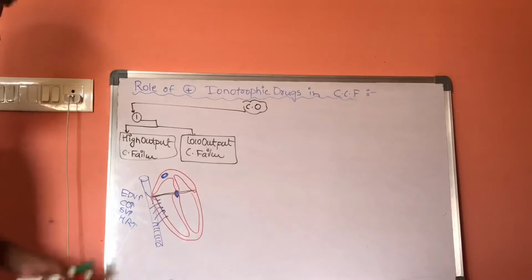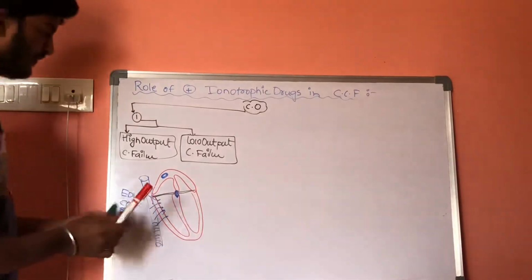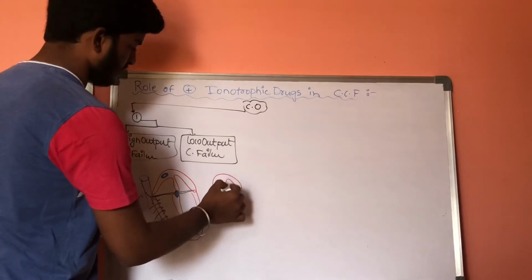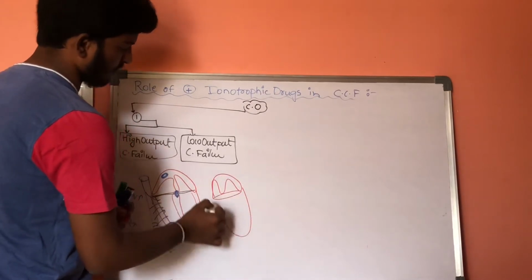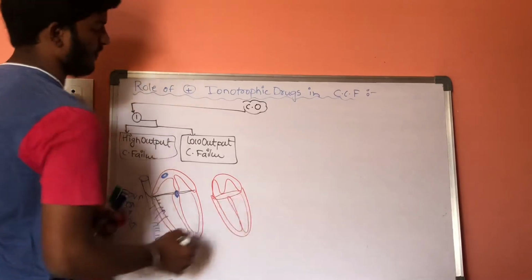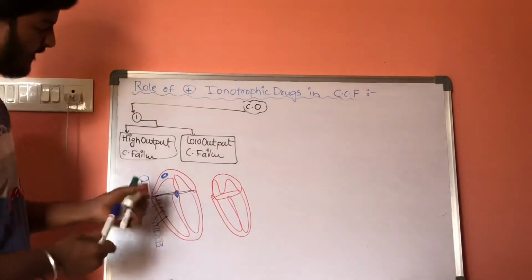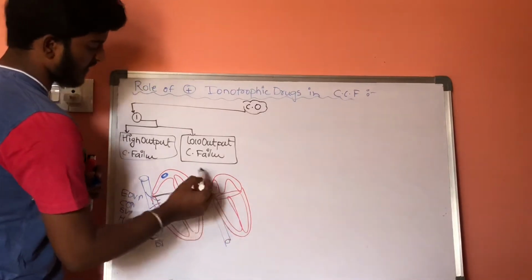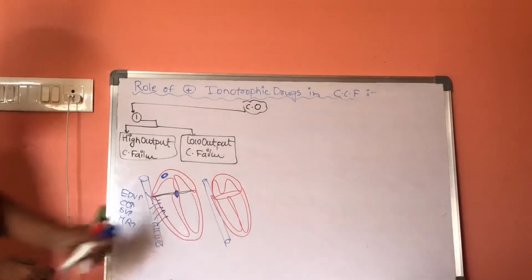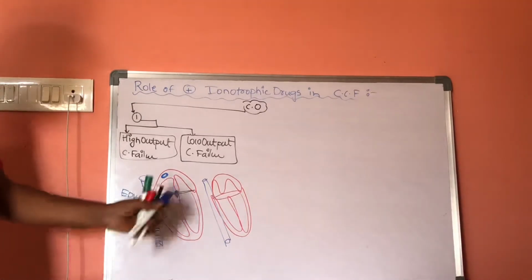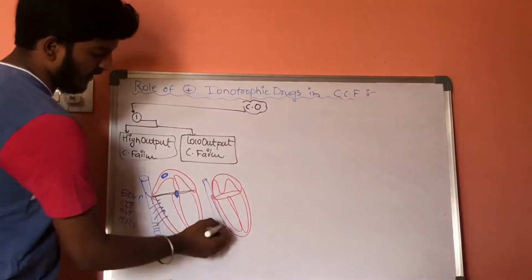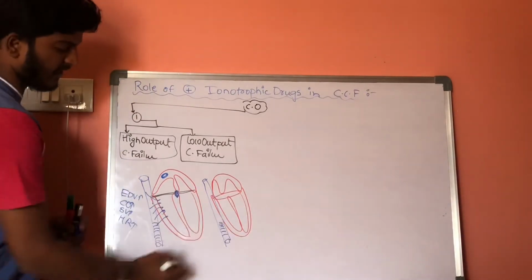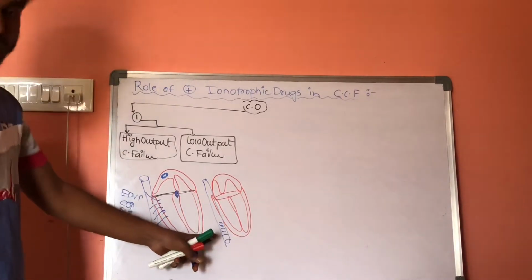Coming to the low output cardiac failure, because of overstimulation of sympathetic outflow, here it will dilate and here it will constrict the venules.